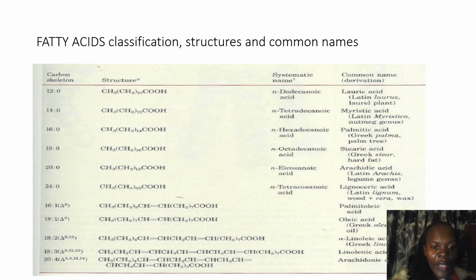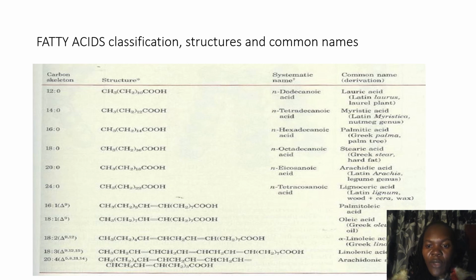So this is the one which had the common name linoleic, the one which we refer to as omega 6. Then 18:3, 9, 12, 15, linolenic. We refer to it as omega 3.